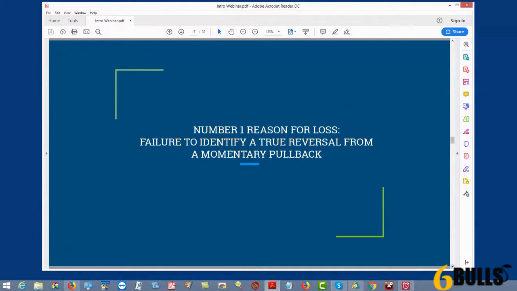What I've discovered is that the real reason people have losses when they trade is because they don't know the difference between a true reversal and what's called a momentary pullback. And this is the difference between trading short-term and being a long-term trader in the futures market.